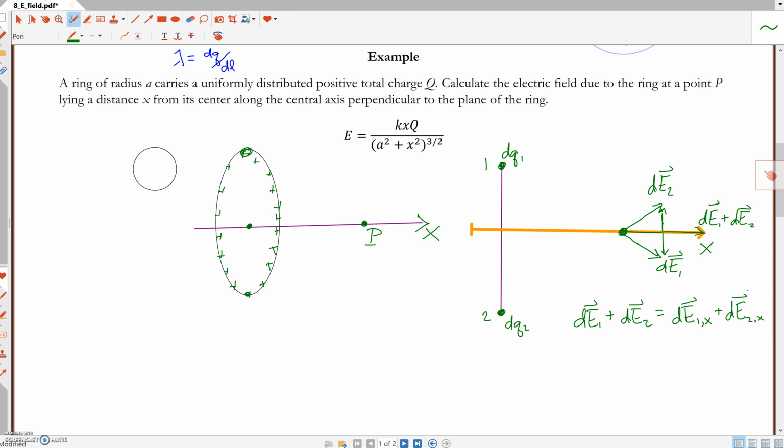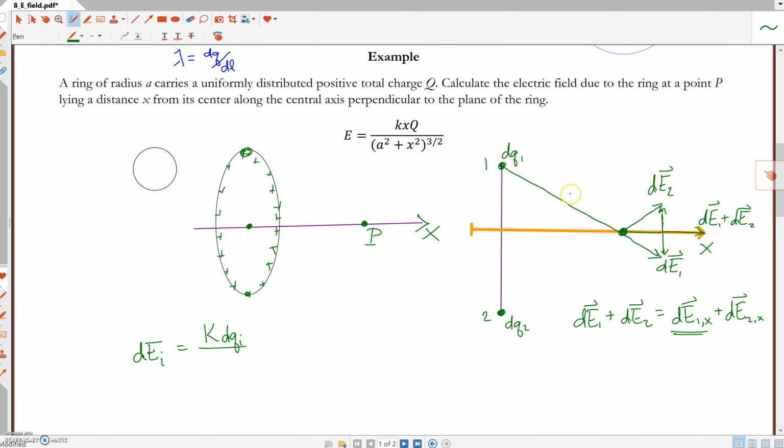So let's figure out what the magnitude of one of these little dE would look like. In general, our electric field due to some charge, let's call it i, is going to be, as we saw before, K dQi divided by how far away we are squared.